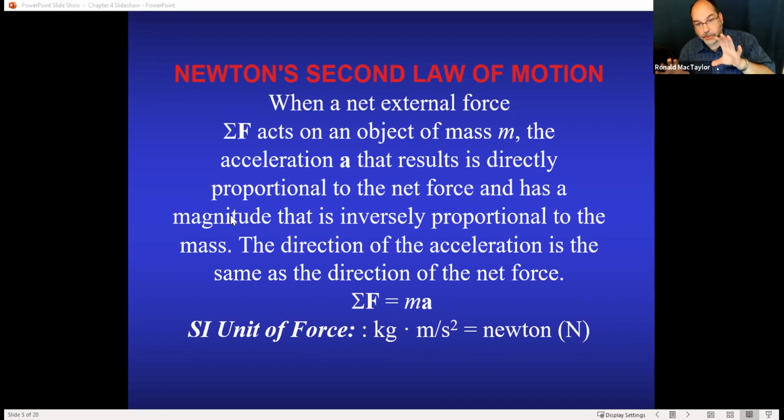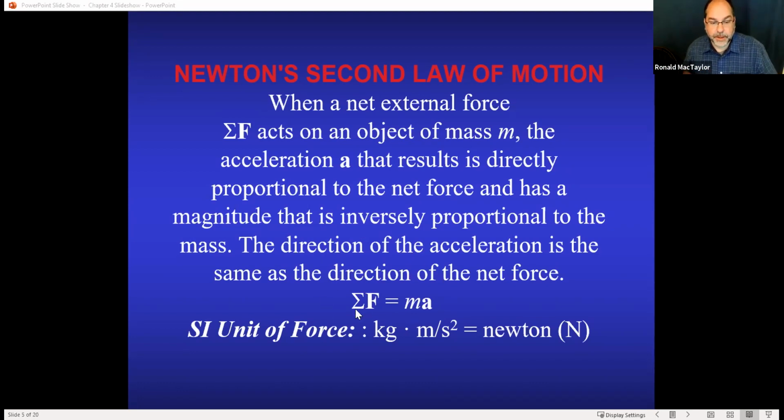So the same force will have less acceleration if there's more mass. The same force will have more acceleration if there's less mass. The direction of the acceleration is going to be the direction of the net force, the resulting force.